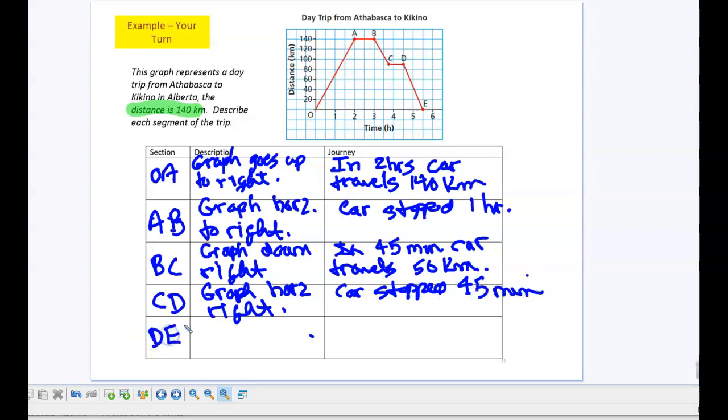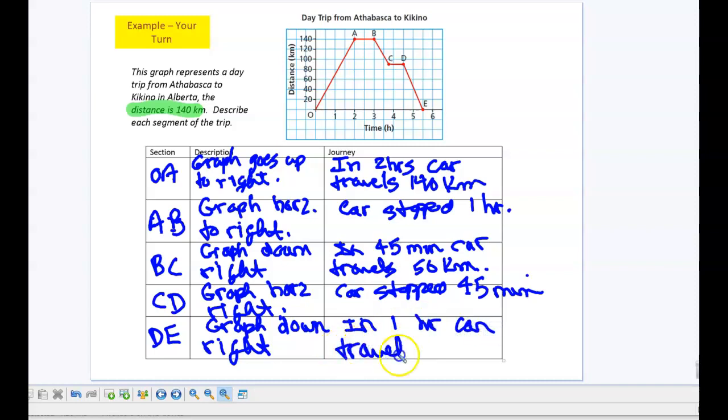And finally, in segment DE, the graph is down and to the right. And this basically is in 1 hour the car travels 90 kilometers back to Athabasca. Okay, I hope those are clear to you.